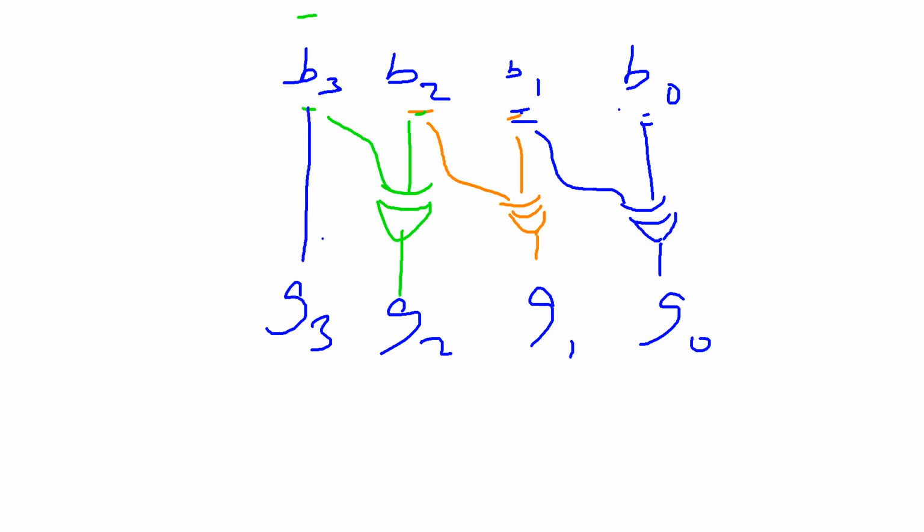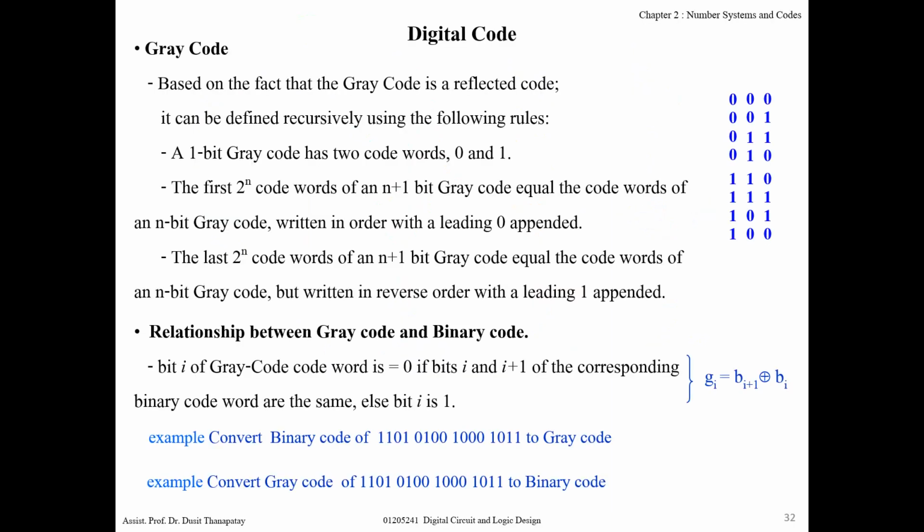So now you can convert 4-bit binary code to 4-bit gray code by using 2-input XOR gates. Just for example.